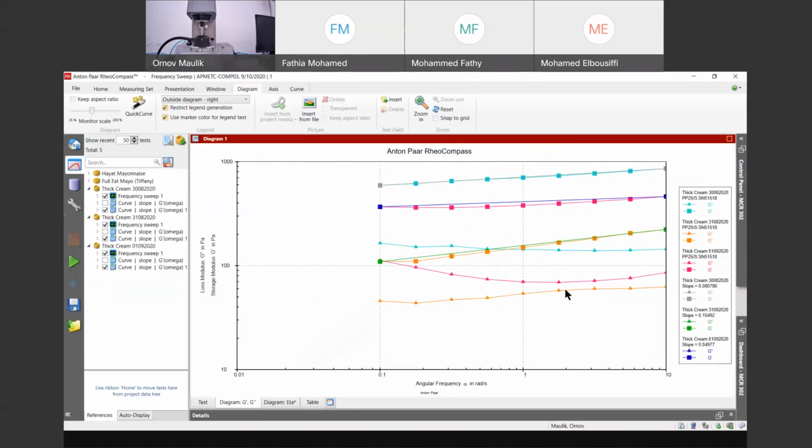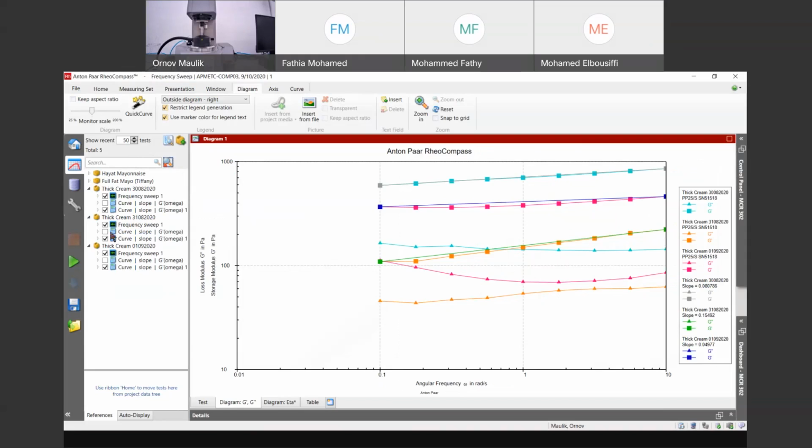Yeah, so you can see over here, these are food samples of different mayonnaise. There is a full fat mayonnaise and low fat mayonnaise with some cream. This I have measured for the food industry. And you can see the comparison between the frequency sweeps at a lower frequency regime. And you can see that I have also measured the slope.